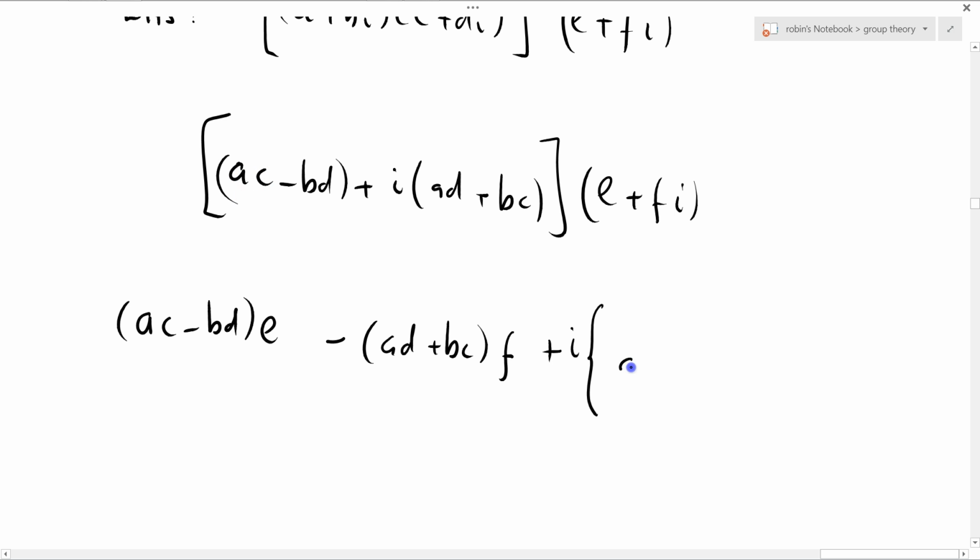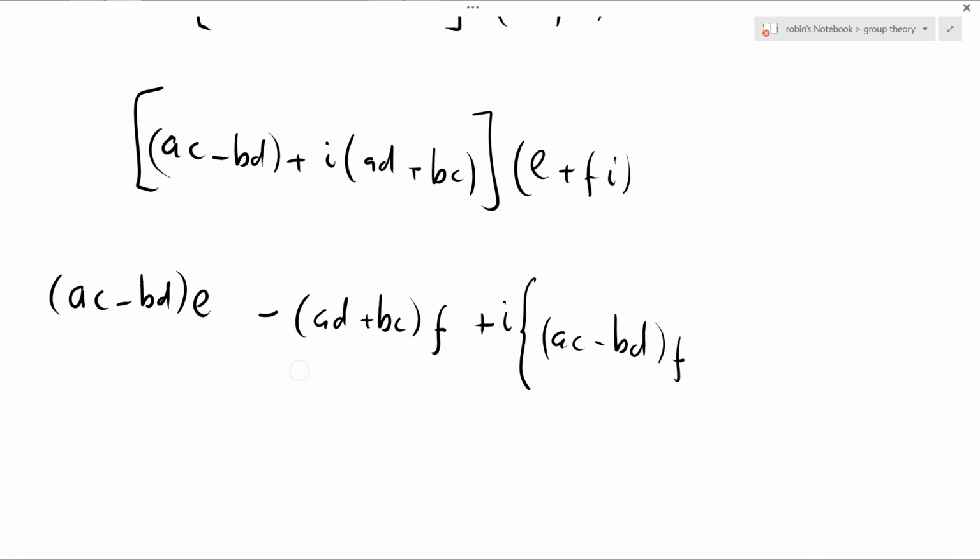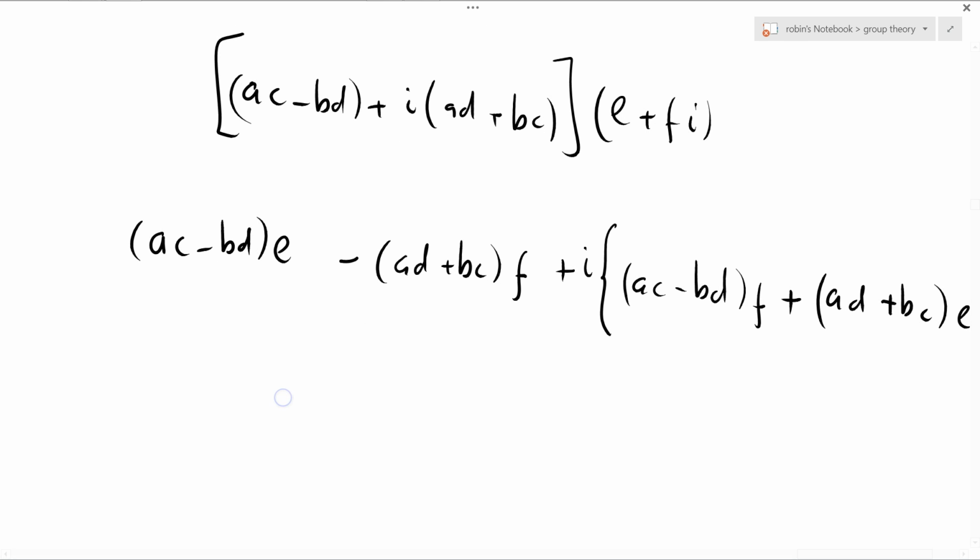Well, it's AC minus BD times F plus this term times that term times this one, AD plus BC times E. Well, we better simplify that.